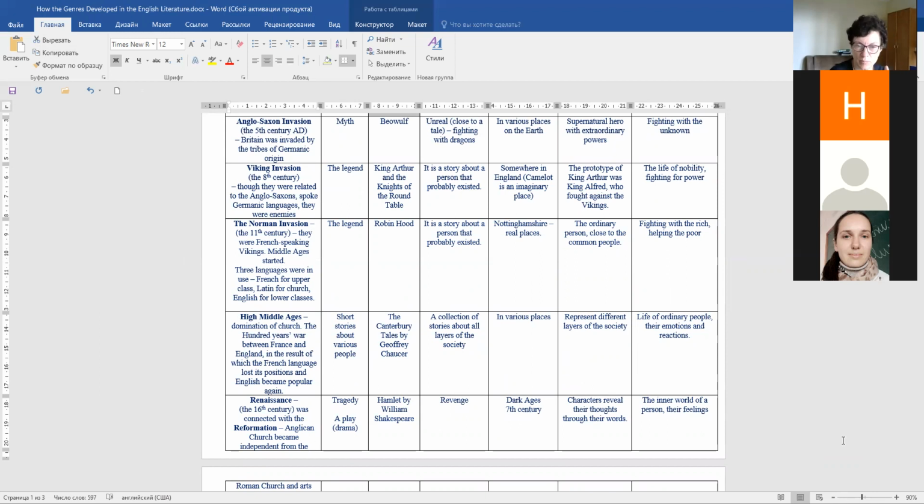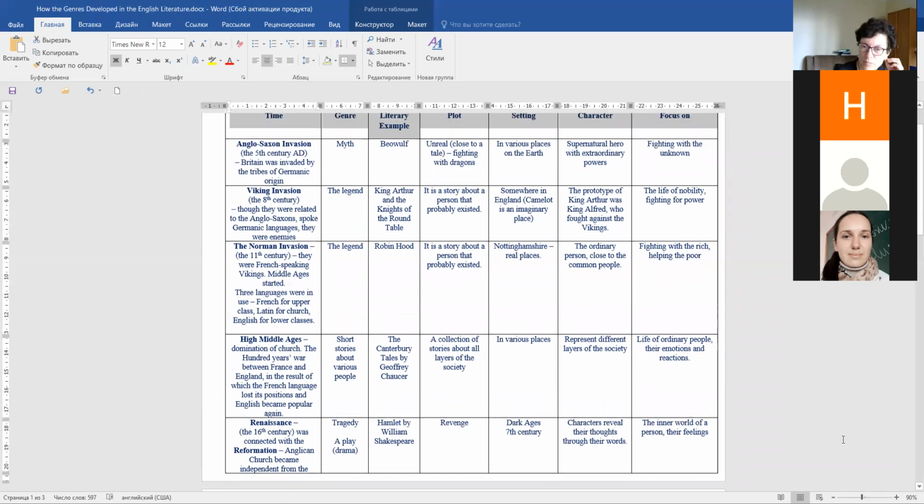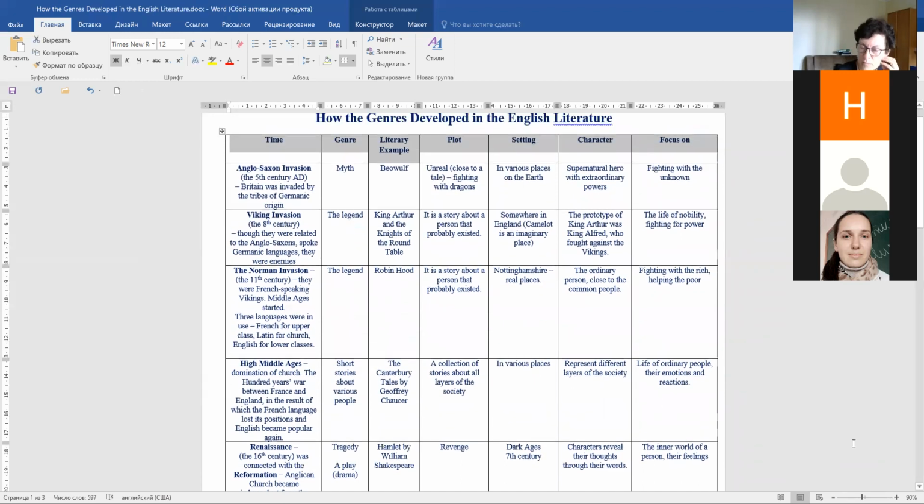A literary example is the Canterbury Tales by Geoffrey Chaucer. The plot is a collection of stories about all layers of society. The stories are set in various places. The characters represent different layers of society, and the focus is on the life of ordinary people, their emotions and reactions.